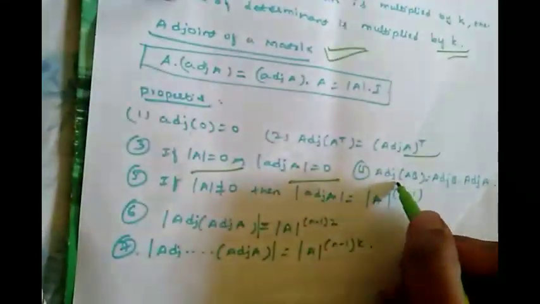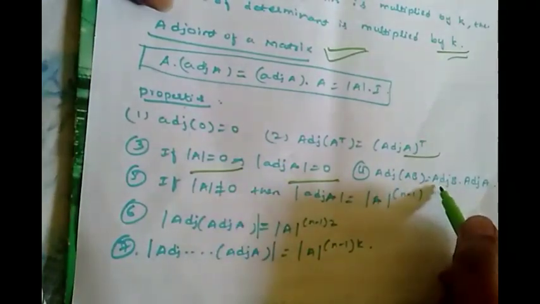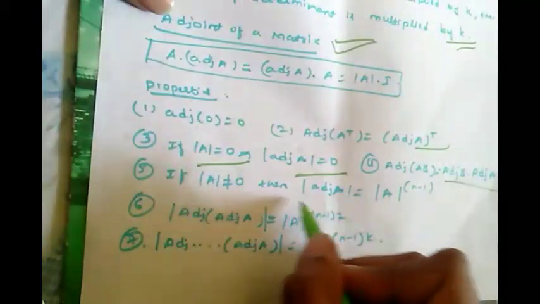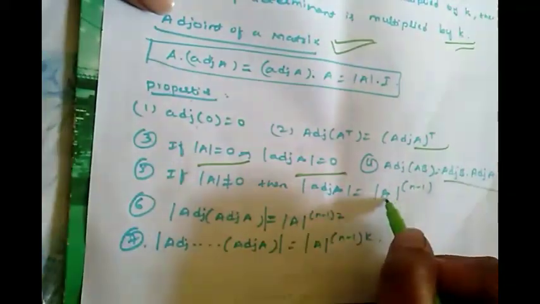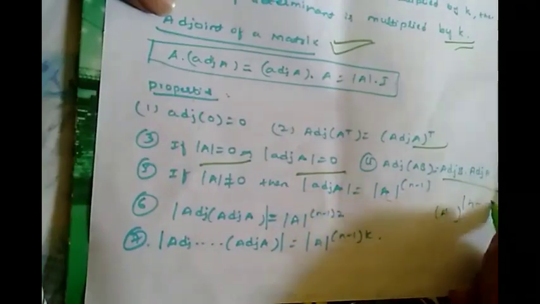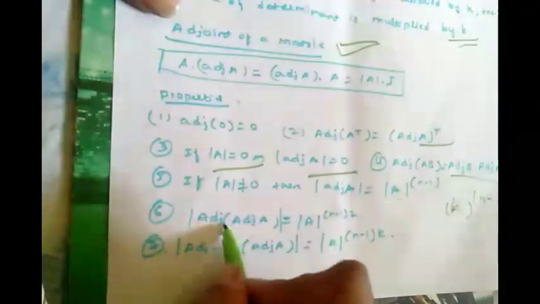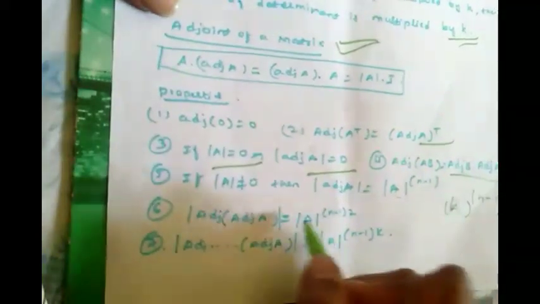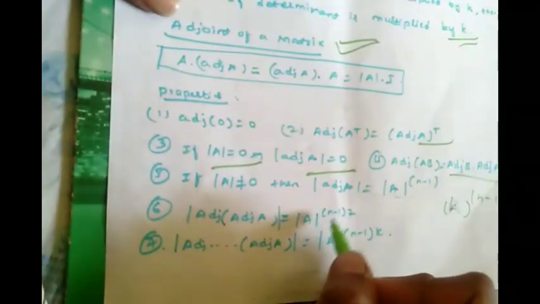The fourth property is adjoint of AB is equal to adjoint of B into adjoint of A. If determinant of A is not equal to 0, then determinant of adjoint of A is equal to (determinant of A) whole power n minus 1.